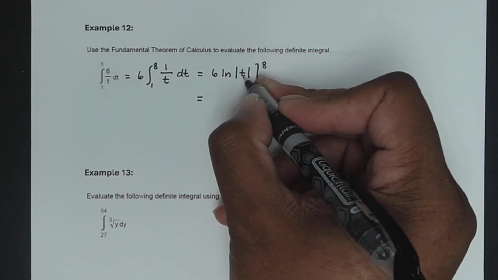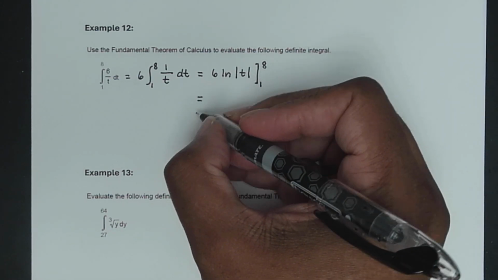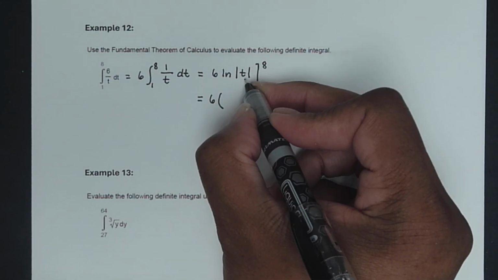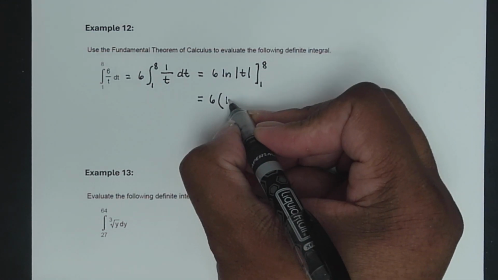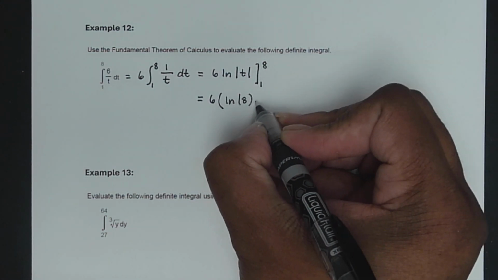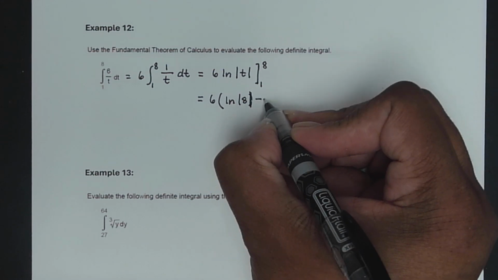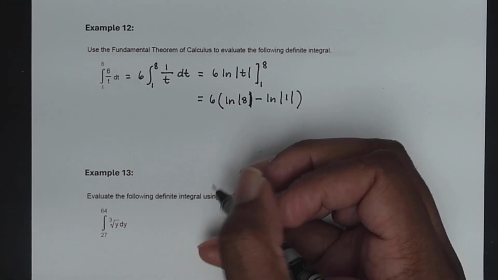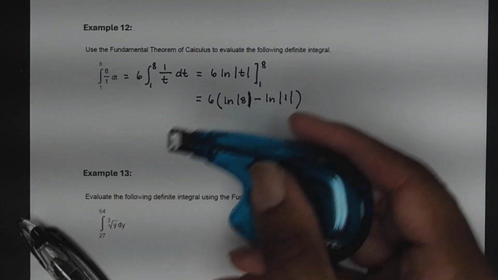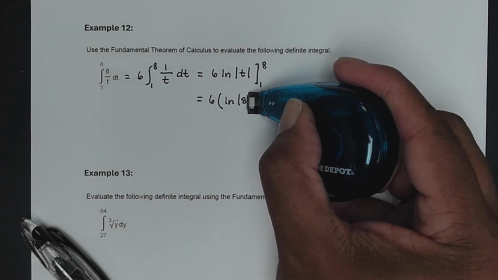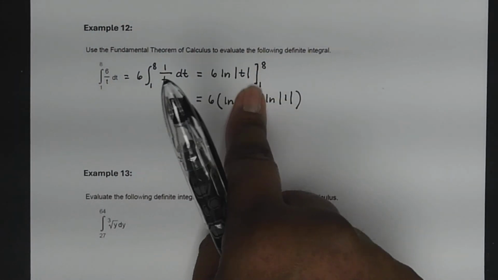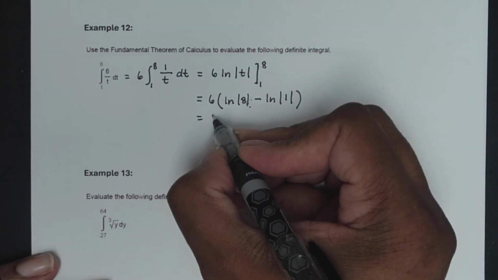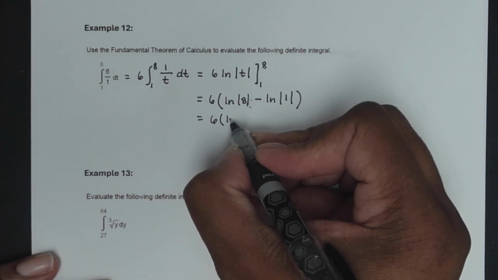Now, upper limit minus the lower limit here. So this will be 6 times, I'm just going to focus on just the ln of t. So here I got 8, so it'll be ln of the absolute value of 8 minus ln of the absolute value of 1. By the way, this is the absolute value right here, and of course, the absolute value is always going to be positive. So if I take the absolute value of 8, it'll be 8.